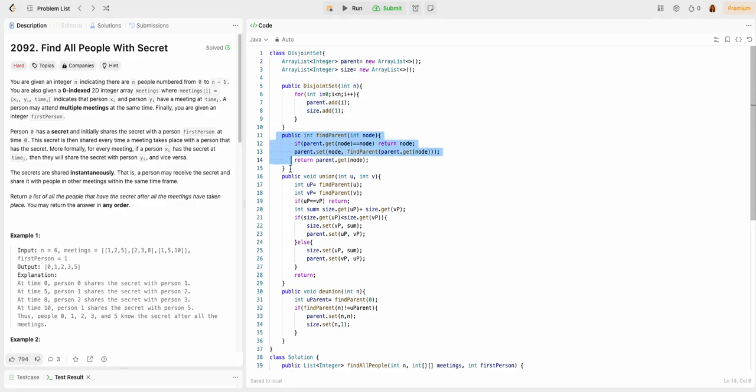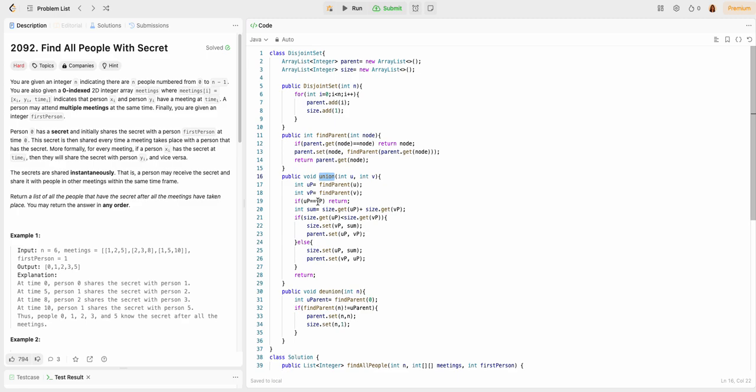And whenever someone asks to find the parent, we will use this parent dot get node. If we know that someone else is the parent of the current node, we'll keep on going to the parent node until we find a value which is the parent of itself, which is the ultimate parent. So this find parent gives us nothing but the ultimate parent of a node.